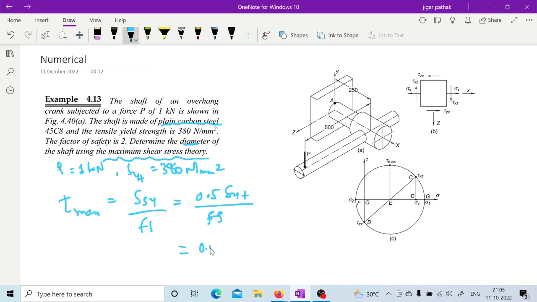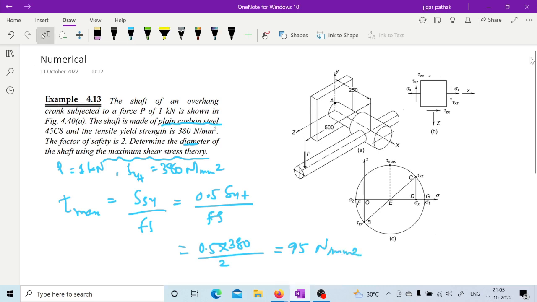So that is 0.5 into 380 divided by the factor of safety, that is 2, which gives 95 Newton per mm square, right? Once you calculate this, then you have to calculate the bending moment and torsional moment.